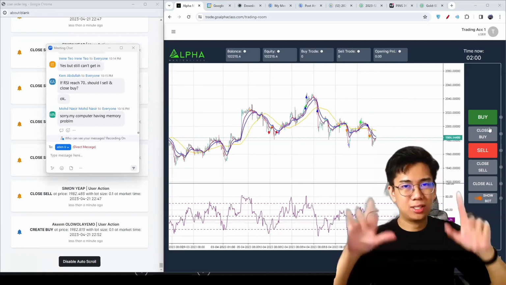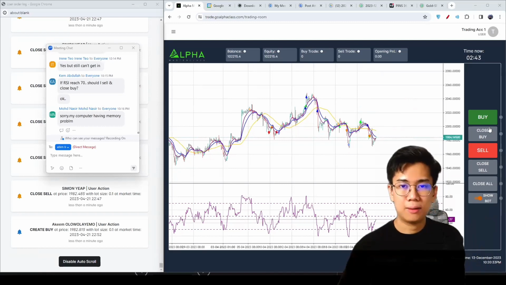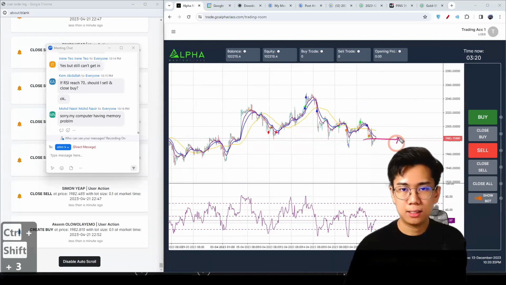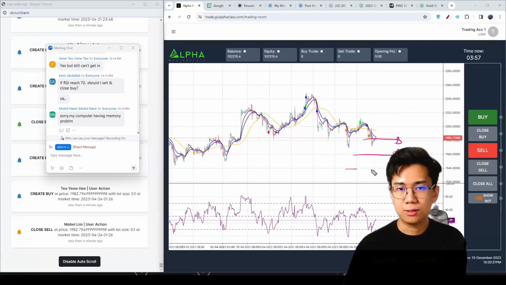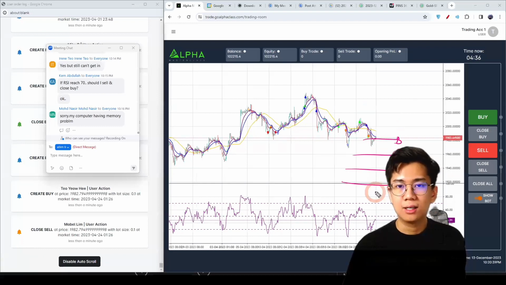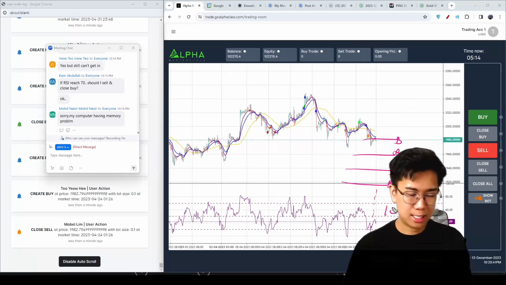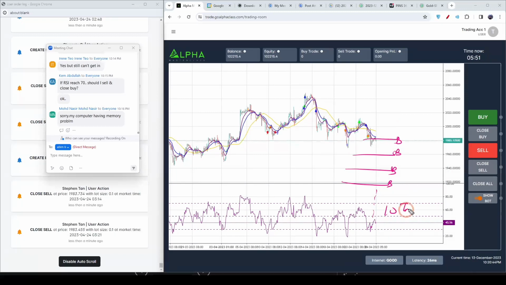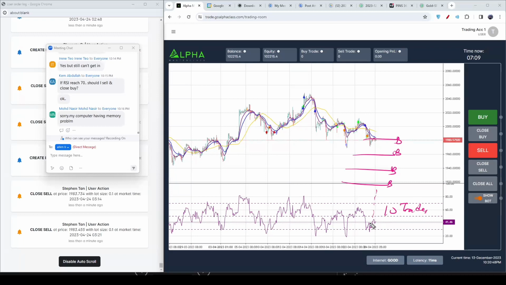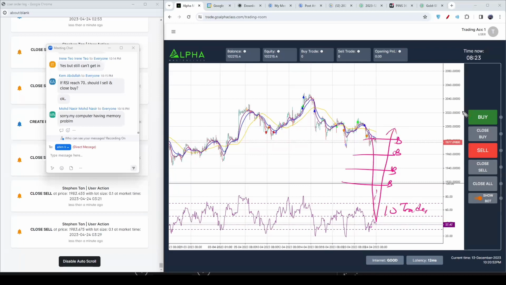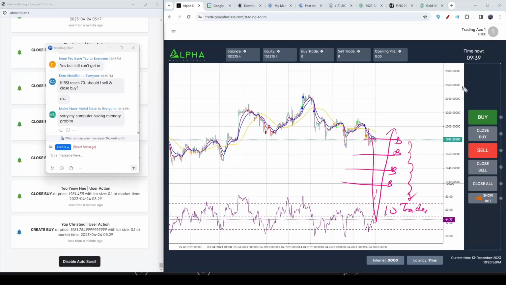Don't tell me all 10 trades are mistakes. What I mean is you buy here, here, here, continuously for 10 trades. This can go very far. It's impossible for the market to go all the way down and never pull back. Confirm there will be. It's just a matter of how you distribute your trades along the way.